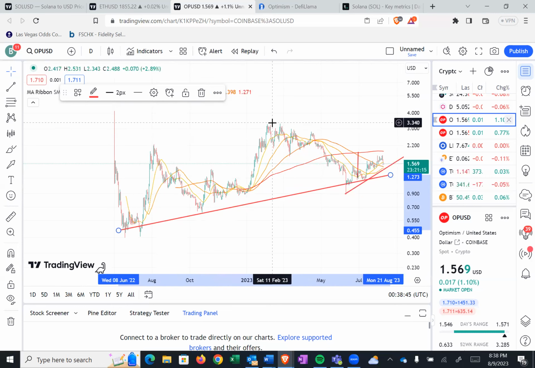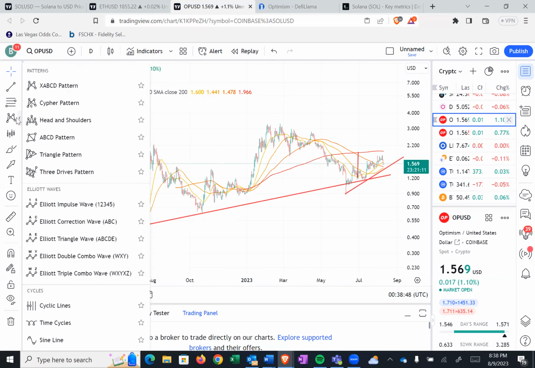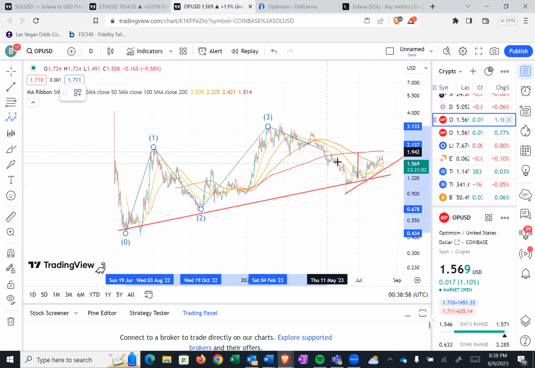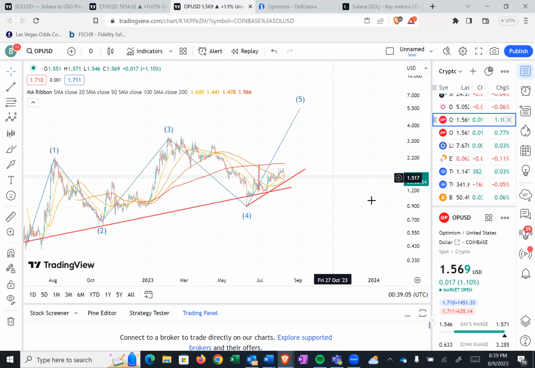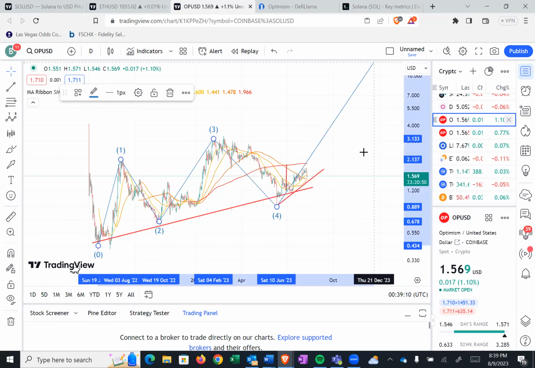accumulation, bam. What we can even say, I'm not a big Elliott wave guy, so don't quote me on this, but let's just see if we can do it. Now, isn't wave 5 supposed to be the biggest one? I don't know. I think it is. I think wave 3 and then wave 5 is double the length of wave 3.